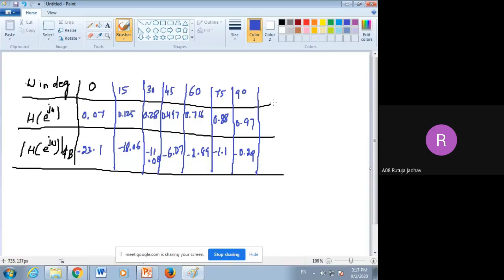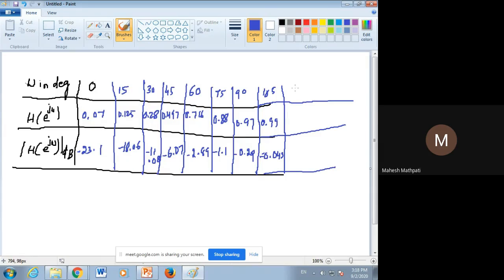Then at 105, it is 0.99, and the dB value is minus 0.043. Okay.